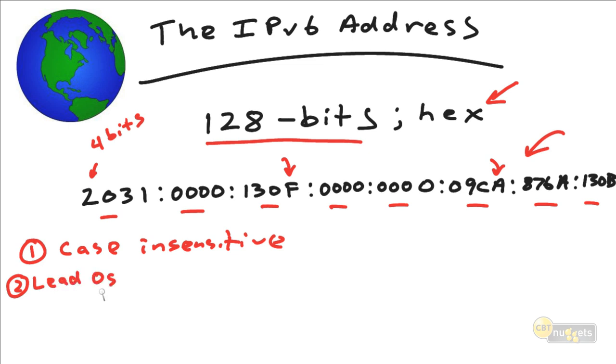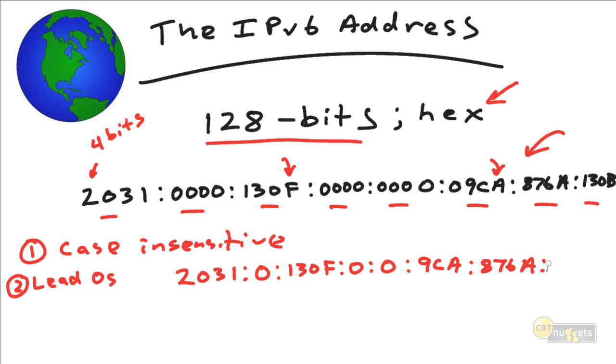We can go ahead and eliminate all of the leading zeros in an address. So I can go ahead and write that address as 2030:0:9C:0:876A:130B.